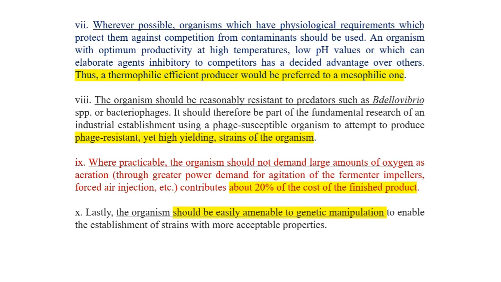If it is prone to bacteriophage infection, the rupturing of the cells may happen, which means there is no use of producing the organism by creating the biomass and getting the products out. If there is any small contamination, for example a bacteriophage, it will also grow, and automatically it will lyse all the cells.